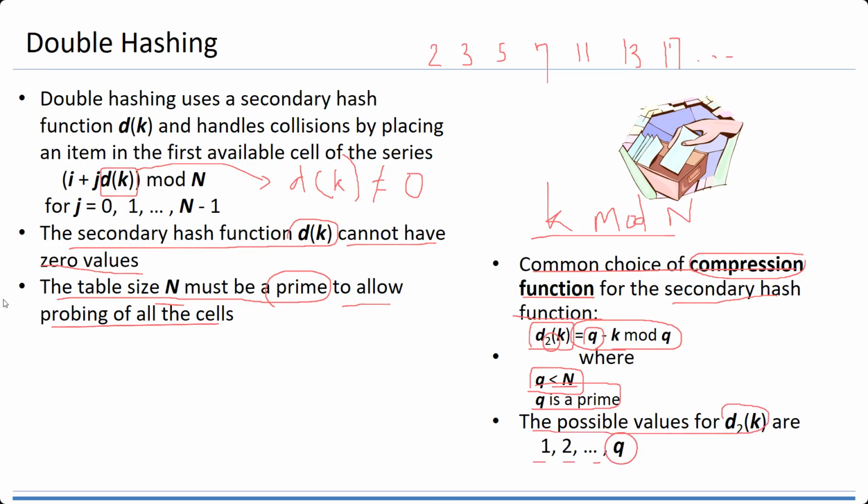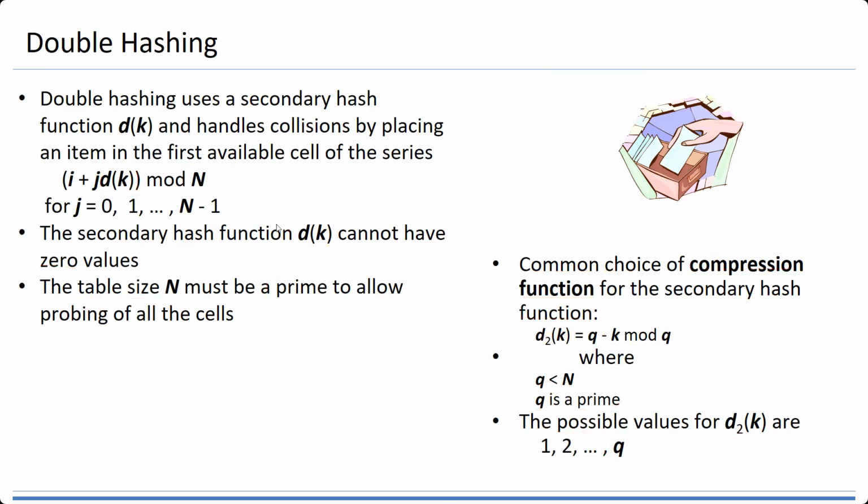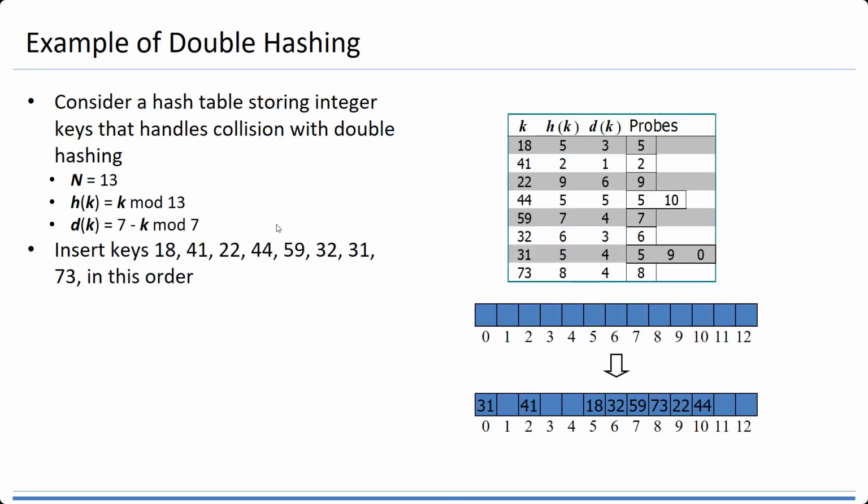Let's see with examples. I think it is better to see with examples. Now, we have the data like this one: 18, 41, 22, 44, 59, 32, 31, and 73.